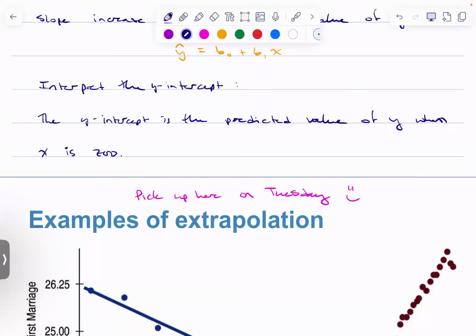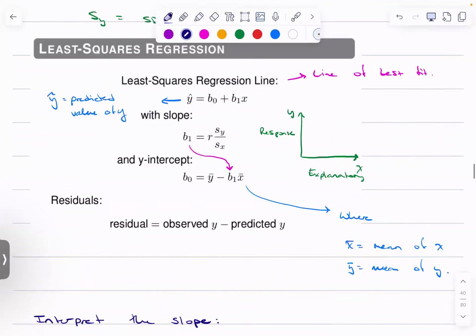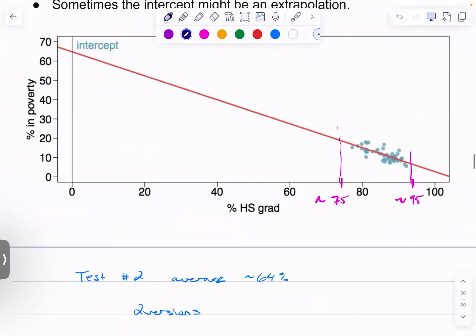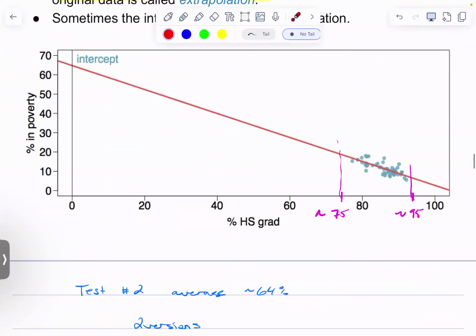A follow-up to that would be, is it meaningful? What that's really asking is, well, does x being 0 mean anything to you? Is that useful information, or is it just an anchor for your line, right? And so what we saw, and maybe I'll scroll up here, is that for our example, we did the interpretation in terms of the question, so I'm going to parking lot that because we worked through that last day. But we did find that the intercept was somewhere here, right, when x is 0.